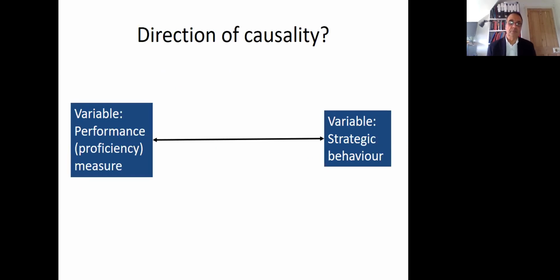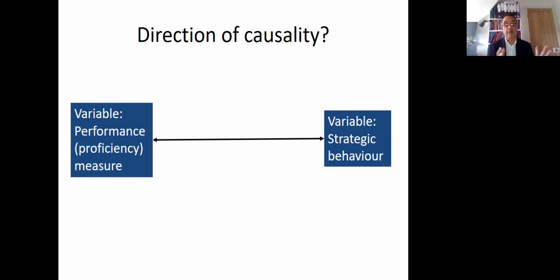Another little problem, in fact, quite a big problem, is the direction of causality. I'll come back to this in a moment when I'm talking about EMI, but the question is: is it the variability in strategic behavior, i.e. using more of it or better strategies, that leads to better performance in language skills, or if you like, to higher proficiency in exams, or is it the other way around?